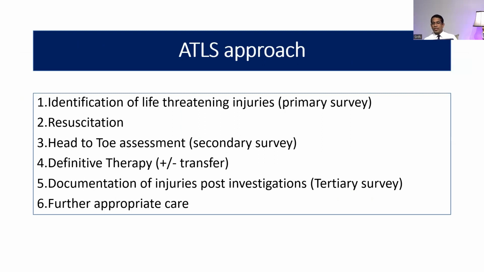Even though they are bulleted as two, you need to manage the patient simultaneously. That is primary survey amalgamated with resuscitation. Then you can go ahead with the secondary survey and definitive therapy, as well as post-resuscitation care.